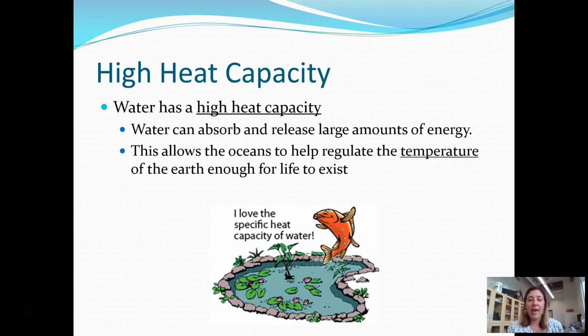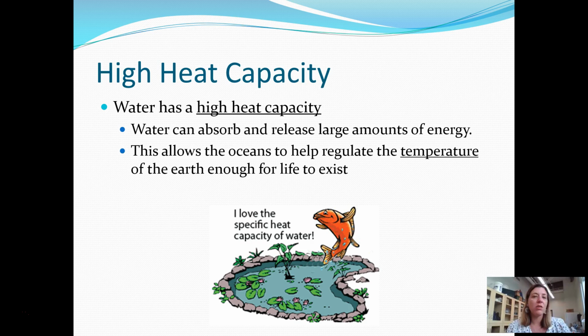they have their temperature that they thrive in, and they can't survive much below that temperature or much above it, right? So the ability of water to buffer these temperature changes because of its heat capacity makes it a pretty stable environment for fish or other aquatic and marine organisms, right?